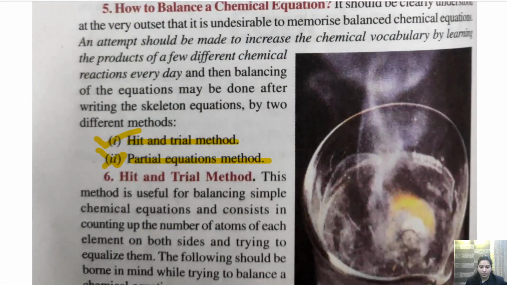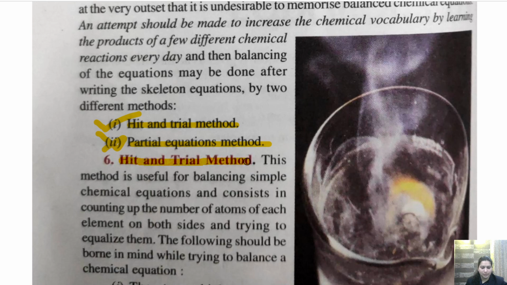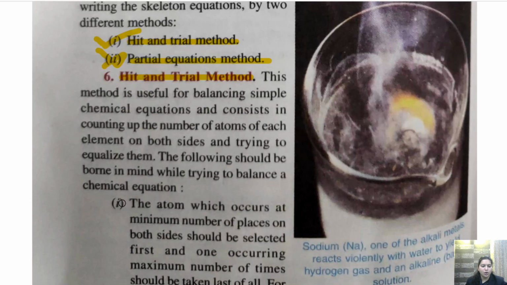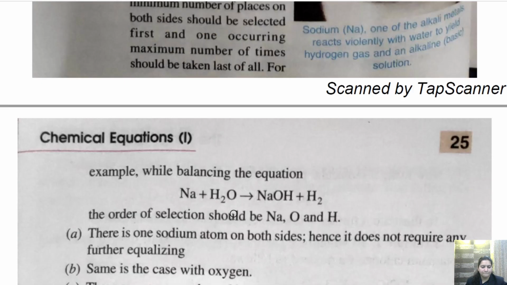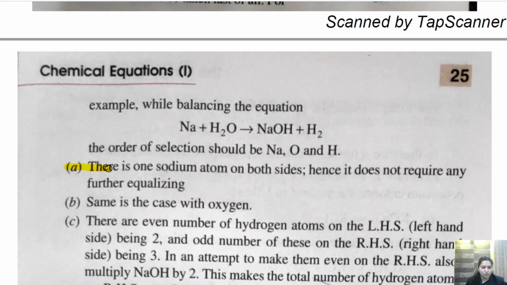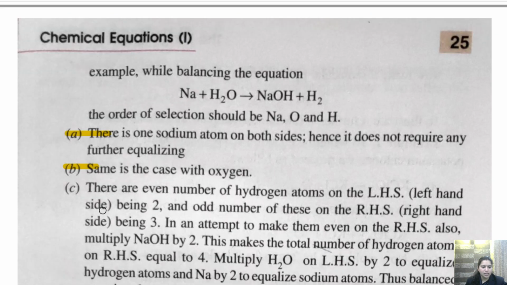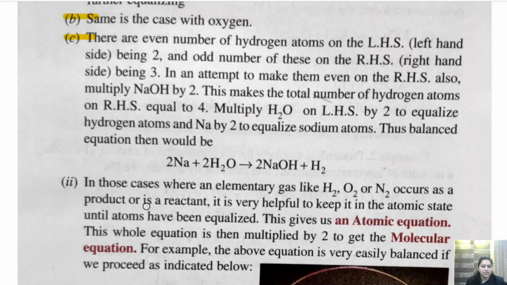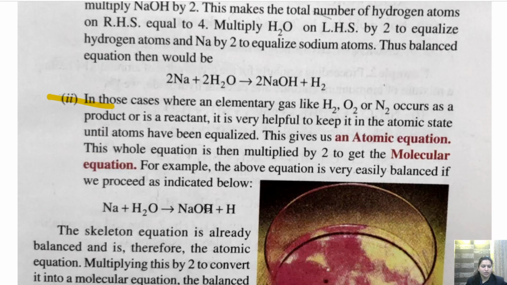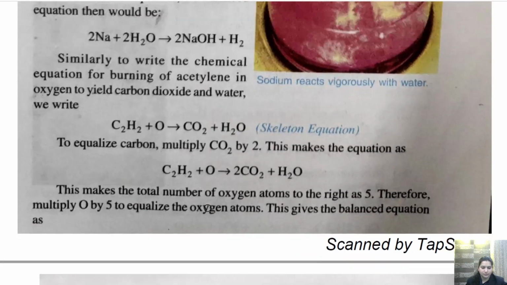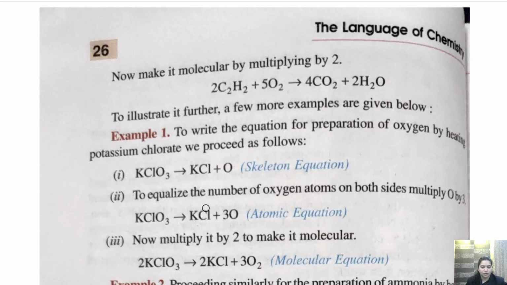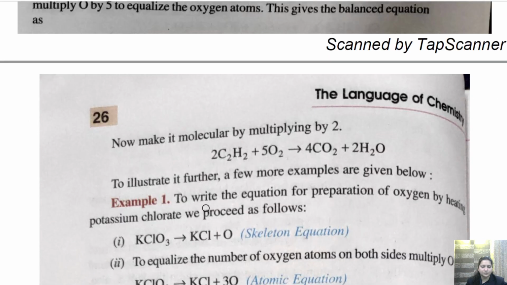And after that, you will open the book and you will write this. You will write hit and trial method heading. You will write all the steps. Step 1, step 2, step 3, step 4. All these steps, everything you will write. Okay? Clear?